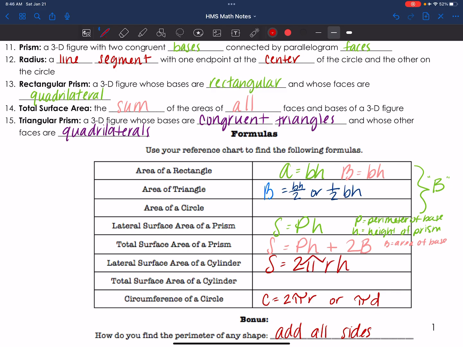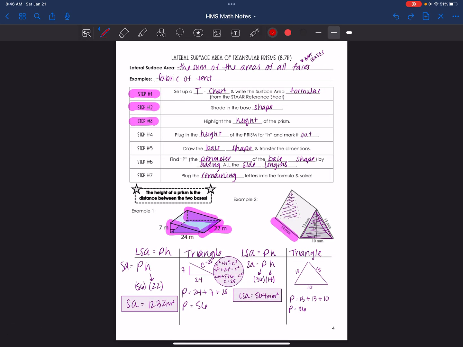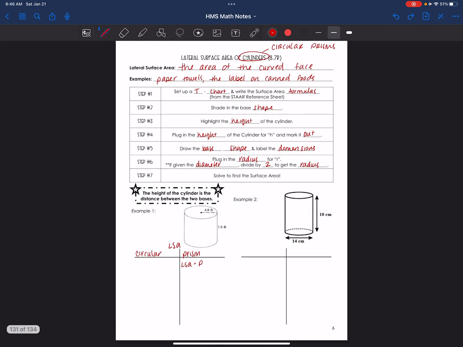Because circumference equals 2 pi R, and that will find the perimeter of a circle, then capital P is now 2 pi R times H. I just feel like that makes sense. So 2 pi R times H, which means we're going to need to identify what our radius is. Okay.